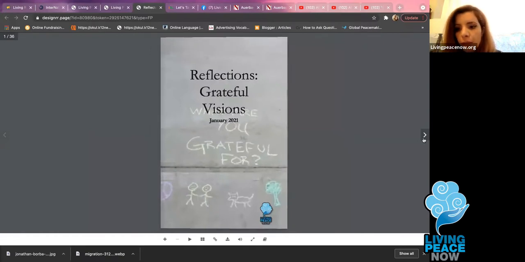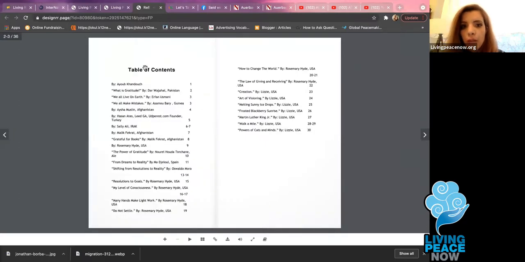As you flip up the pages, you are going to find the table of contents. These are all the titles of paragraphs and names of people who have participated and contributed to make this happen, and the page number, so you can see which page the paragraph is on. If a title attracts you, you can go directly to the page.